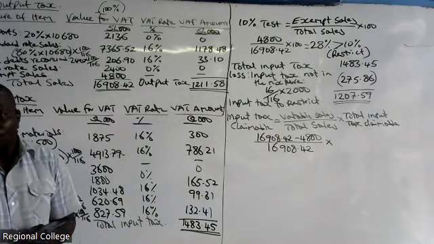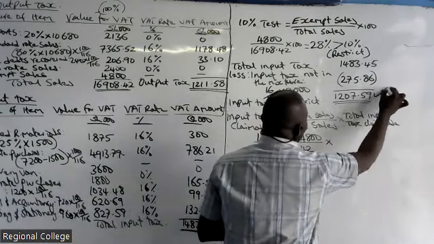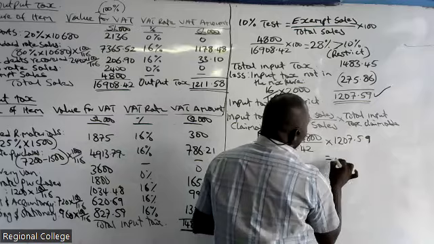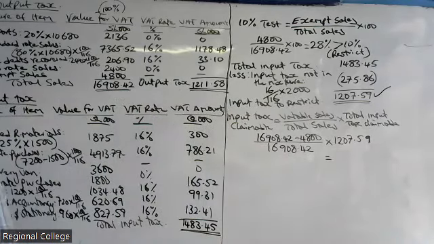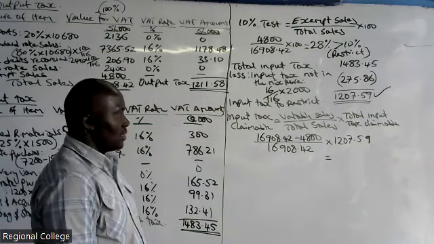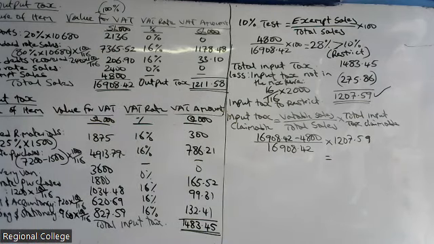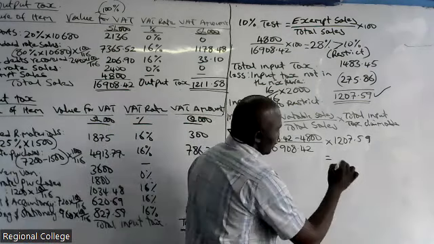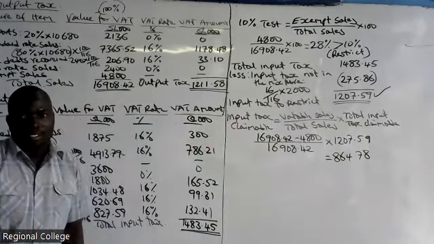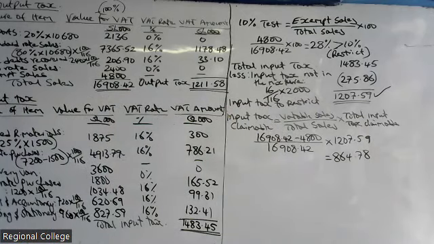Right? I multiply by input tax that I'm supposed to restrict of how much? 1207.59. So how much is that? 864.78. Right?